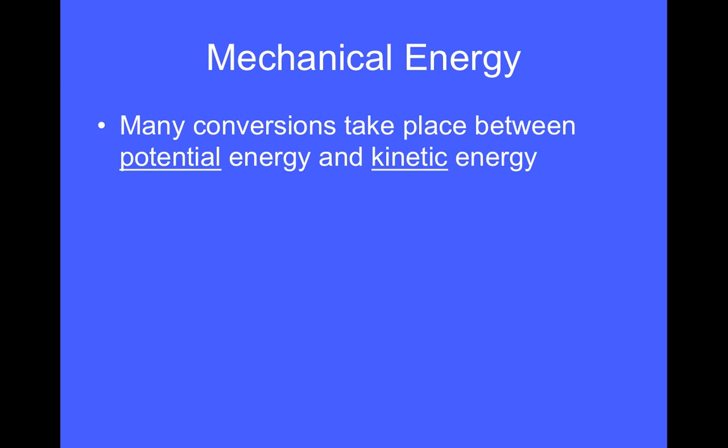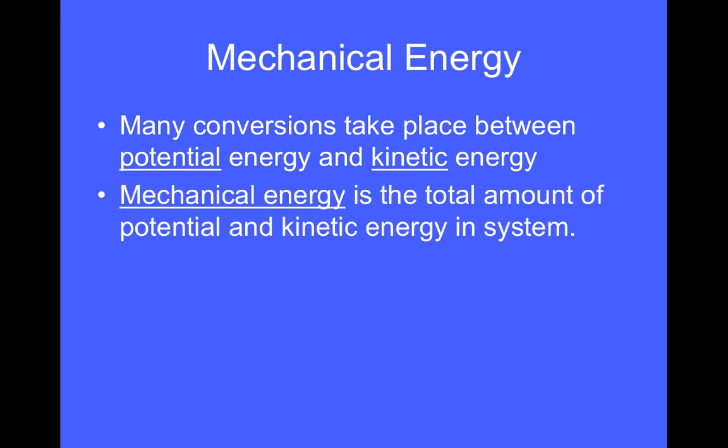If you look at our example of the match, we started off with some potential energy in terms of chemicals in our muscles, turned it into kinetic energy, and that kinetic energy then transformed into other types of energy using potential energy as well. So mechanical energy is referred to as the total amount of both potential and kinetic energy in a particular system. So basically when I'm totaling it up, I'm adding them together.